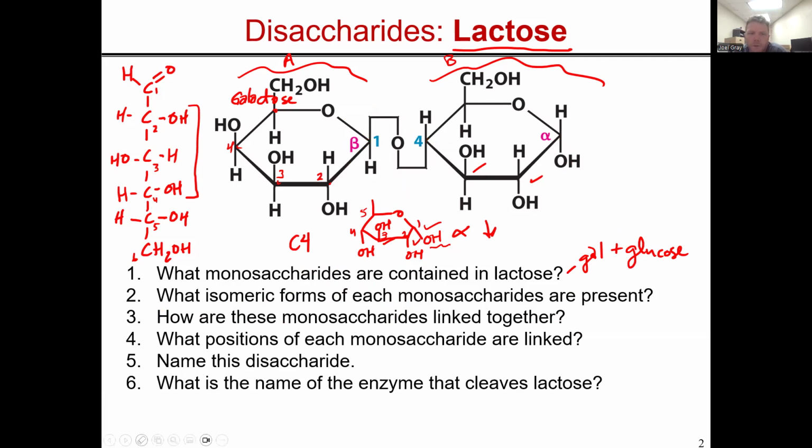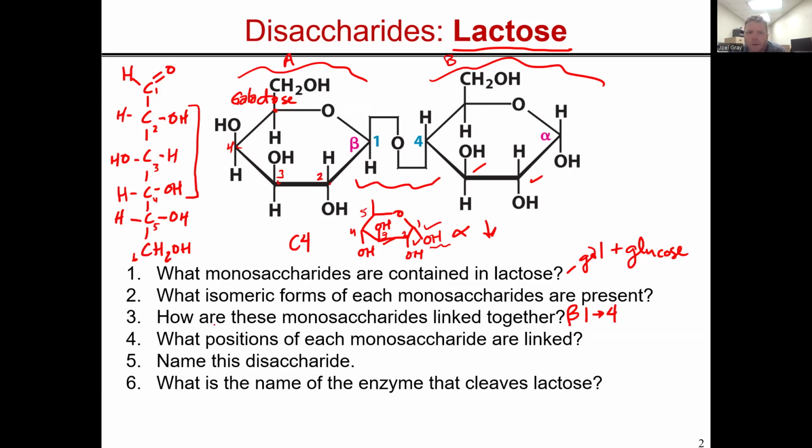We have maybe one of the most important parts about sugars, the linkage. This is a glycosidic linkage, but more specifically, the way that we describe it is we say that this is a beta 1,4 glycosidic linkage.